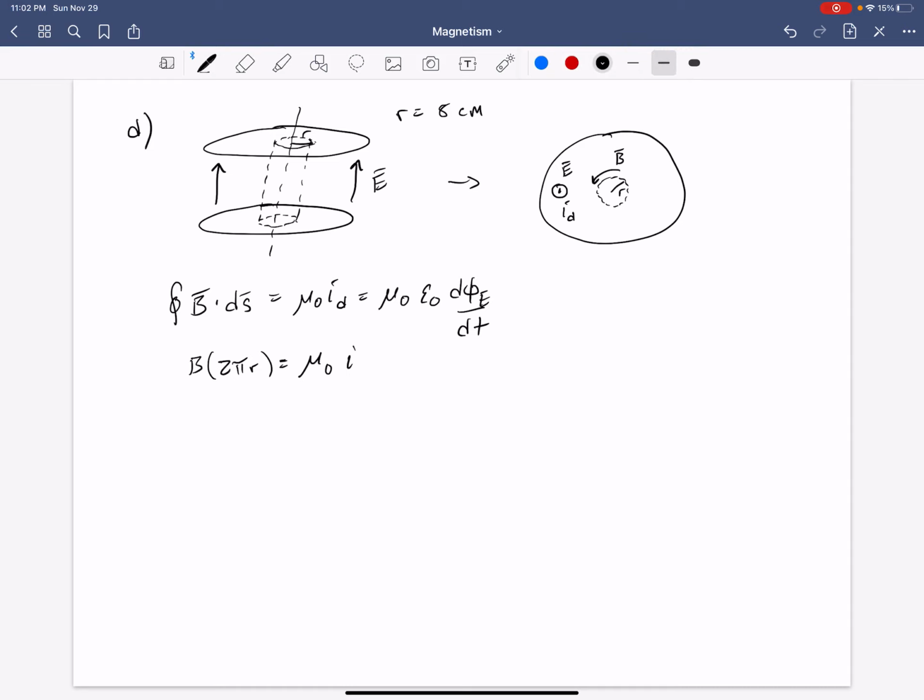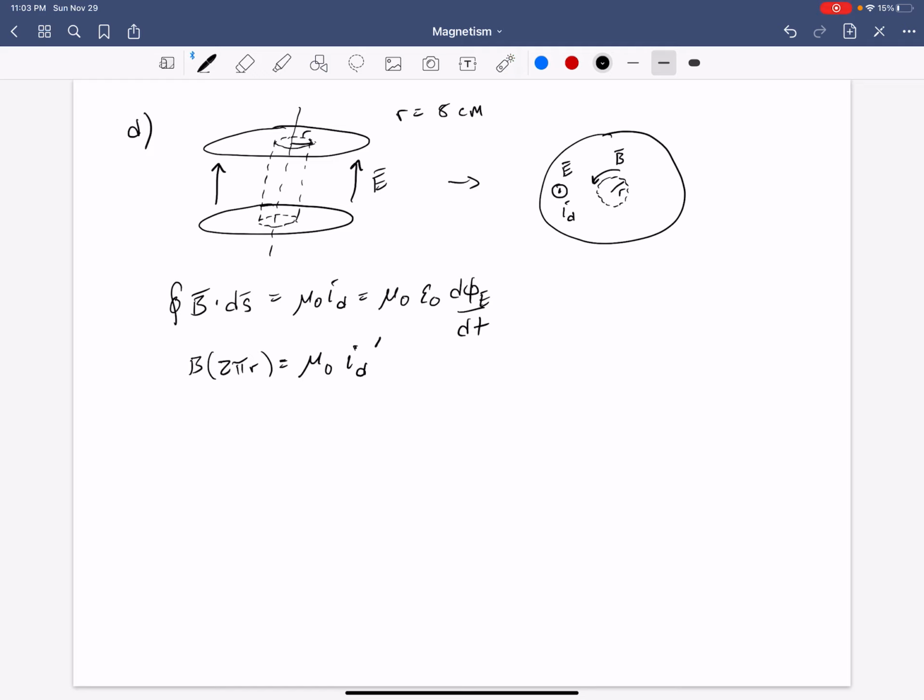This ID here, we can't use the displacement current that we found in previous parts, right? Because that was for the entire capacitor. Right now, we just want to find the displacement current in that tiny region, because that's the displacement current that will create this magnetic field.